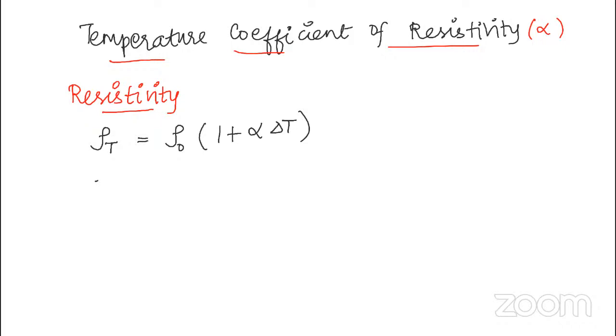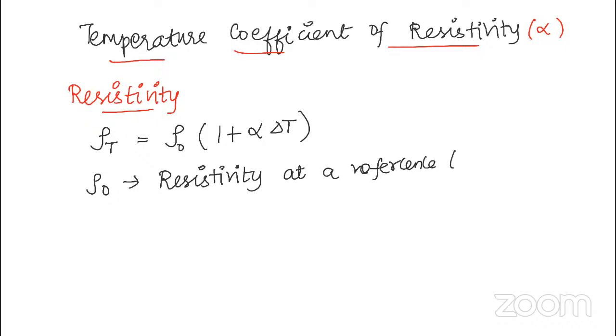Here rho naught is the resistivity at a reference temperature T naught, and rho T is the resistivity at a temperature T.